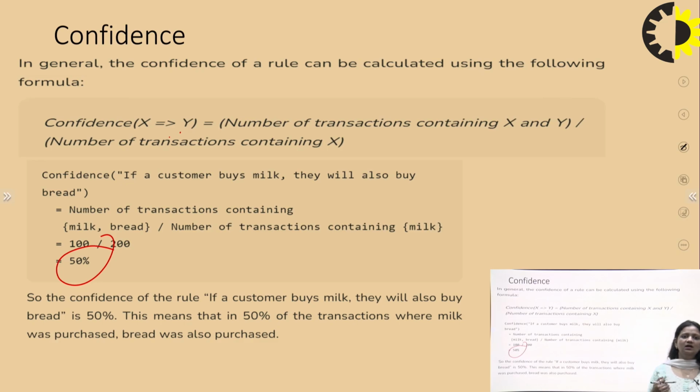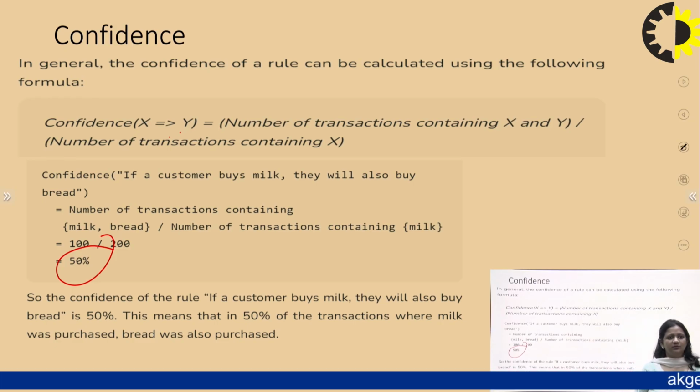If the value of confidence is 50% for an item set, what does that mean? The confidence of the rule, that if a customer buys milk then they will also buy bread, is 50%. What I am saying is that if a customer buys milk, there is a 50% chance that the customer will also buy bread.